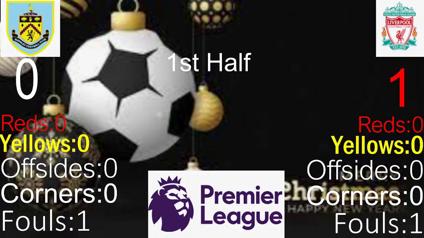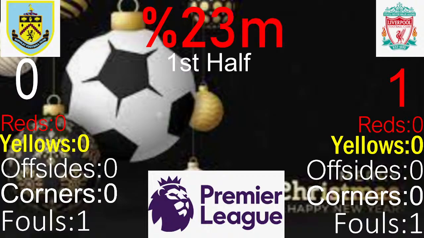And I must say, Liverpool have been the better side, evidently. They do lead 1-0. But I think the chances are coming for Burnley. It's only a matter of time until either Burnley score or Liverpool make it 2-0.